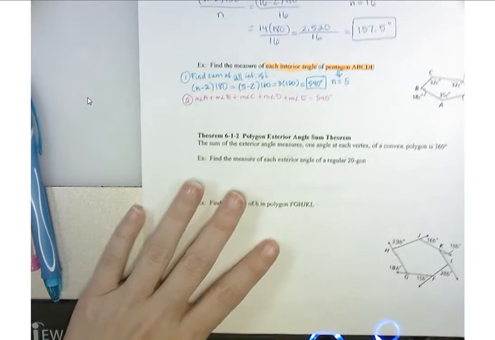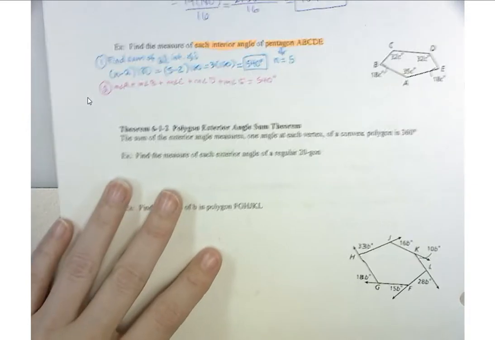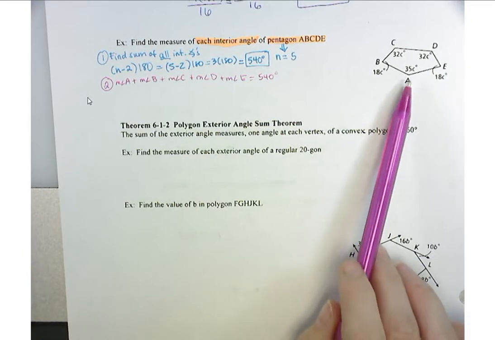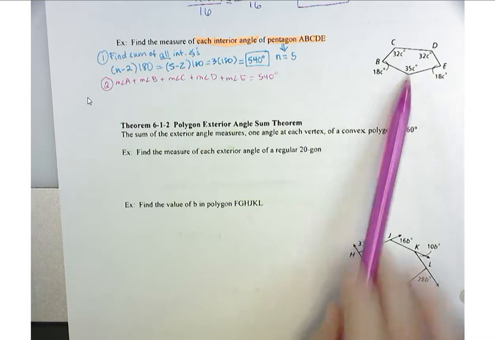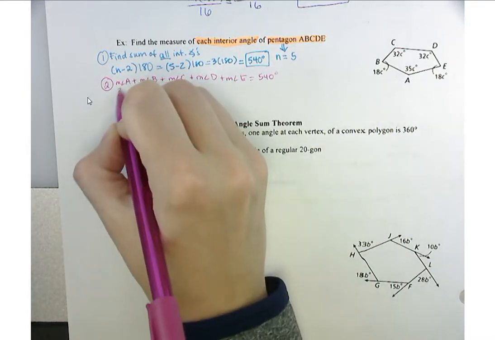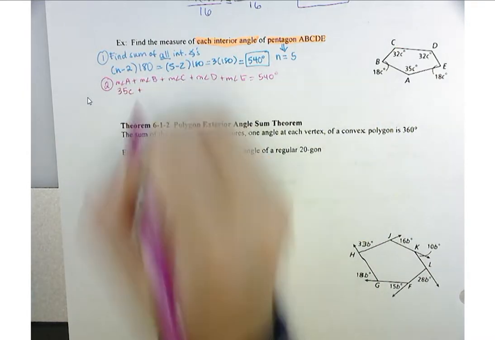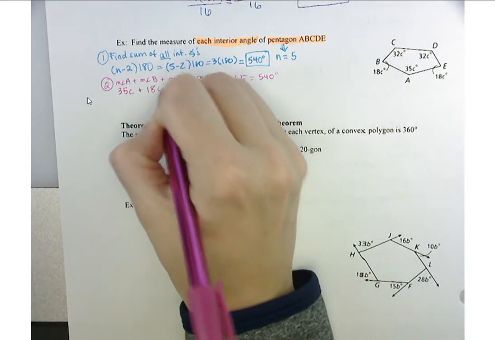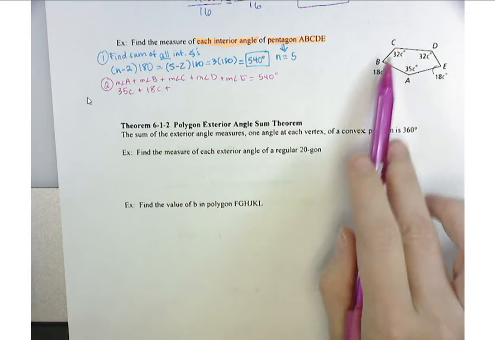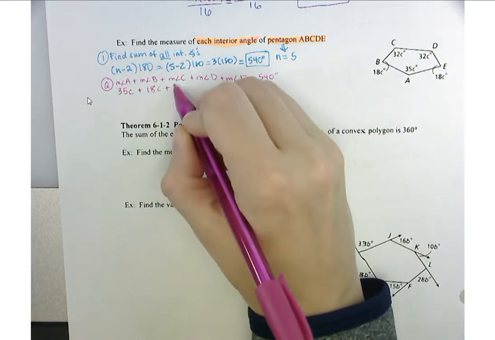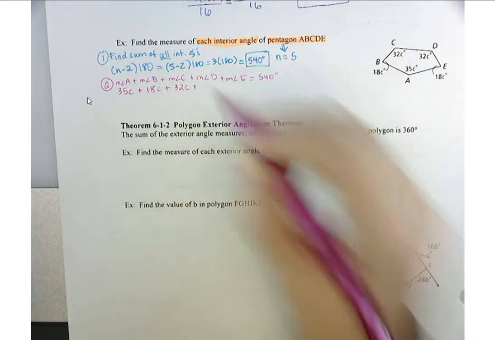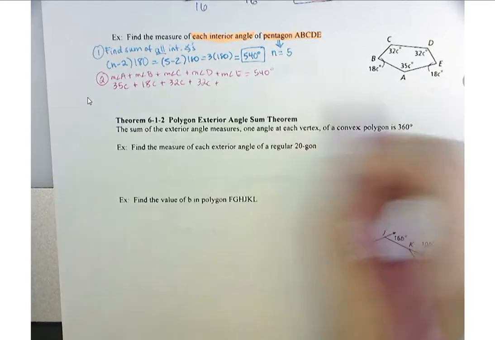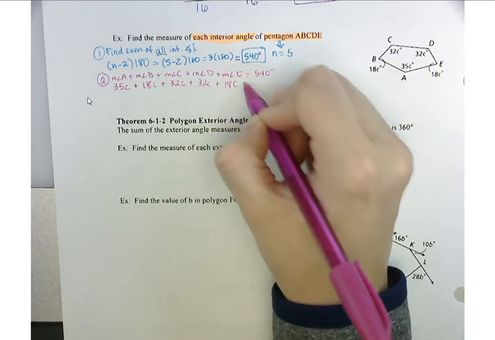And then all I have to do is plug in my values. So if A is 35C, I'm going to plug in 35C. B is 18C, bless you. And then we have 32C. D is 32C. And E is 18C.